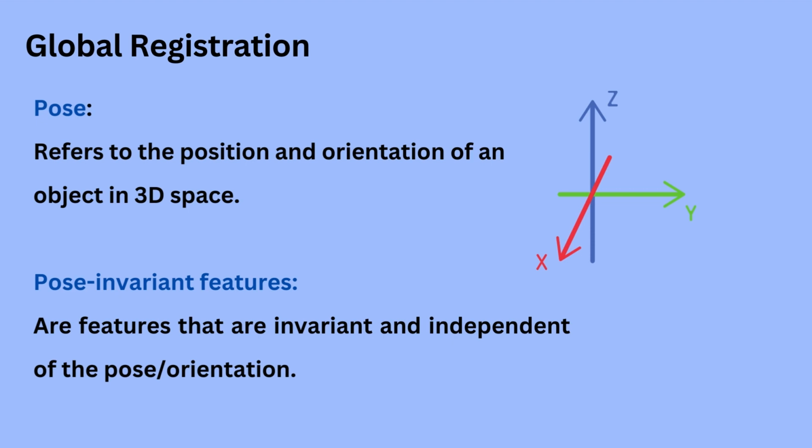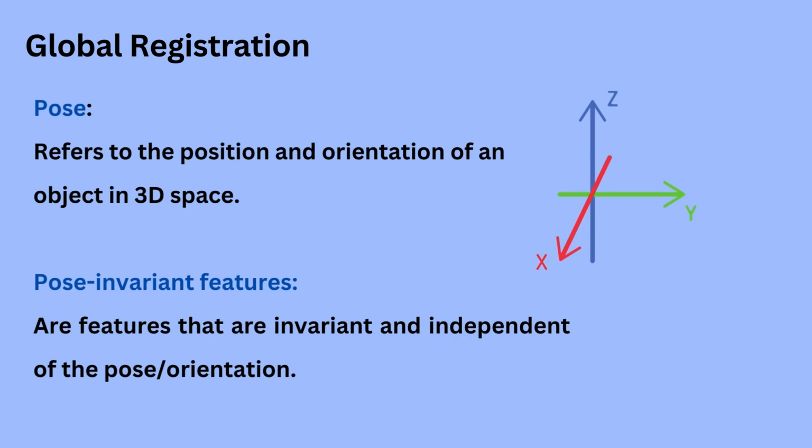but different poses and orientations. When we think about global registration and what it's trying to do, we're looking at the same environment at different angles, at different poses. So how can we stitch them without taking the pose, orientation or position of that object into consideration?